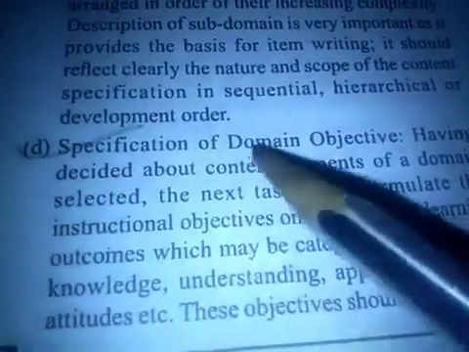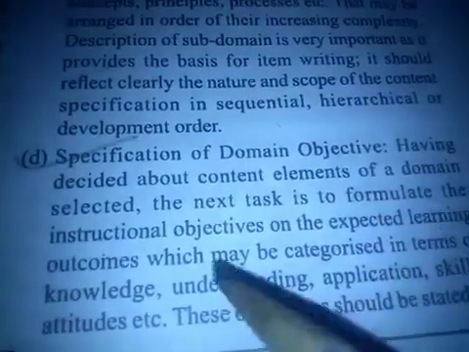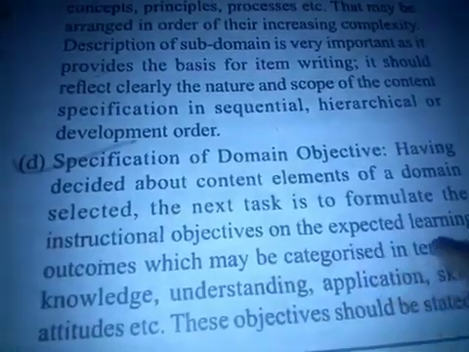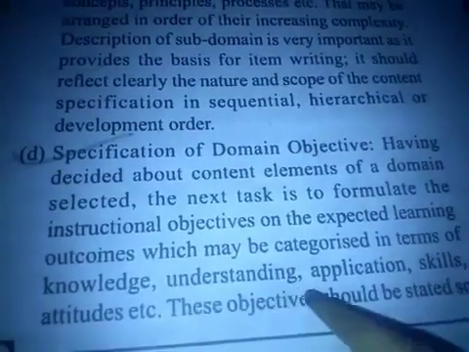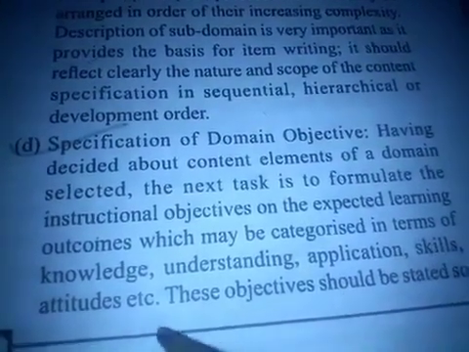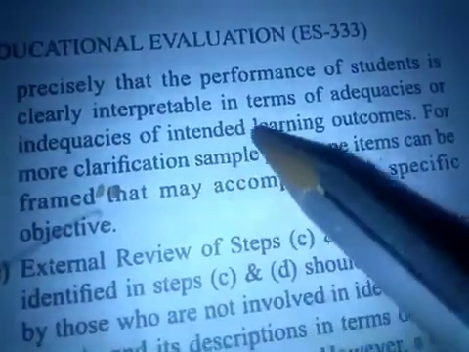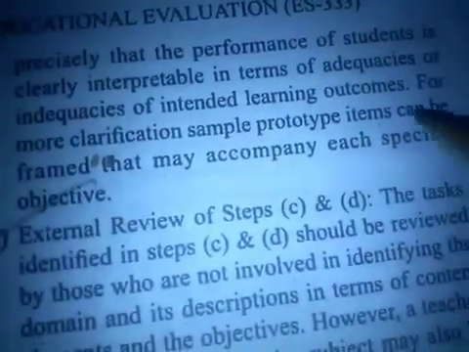D. Specification of domain objectives. Having decided about content elements of a domain selected, the next task is to formulate the instructional objectives on the expected learning outcomes, which may be categorized in terms of knowledge, understanding, application, skills, attitudes, etc. These objectives should be stated so precisely that the performance of students is clearly interpretable in terms of adequacies or inadequacies of intended learning outcomes.